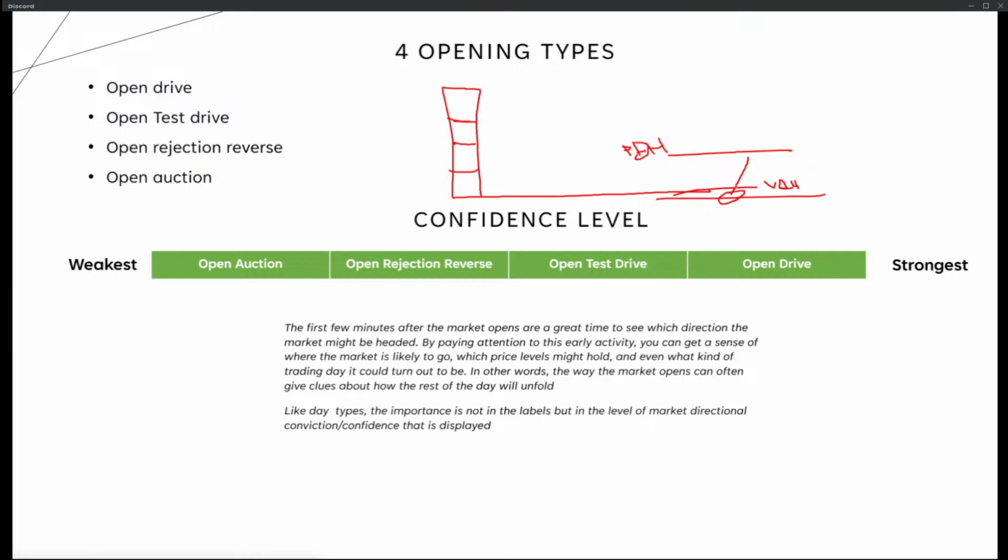Let's say you open here and you come back and you hit the PDH and then you come back here, let's say to a level, and then you continue. You open, you tested it, and you continue in the direction you started. Okay. And in this scenario, this would be open test drive. Out of this one, you could draw open rejection reverse. And what would that look like?